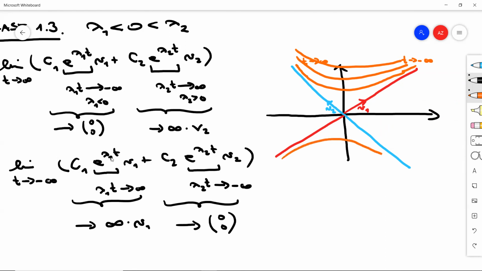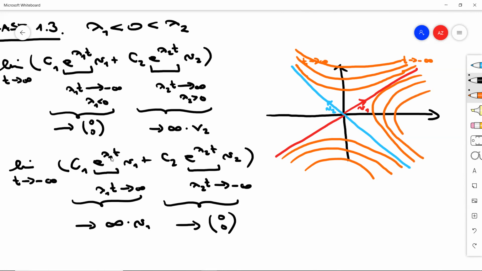And the same is true for the other quadrants. So the motion is in this direction, t from minus infinity, from the red line to the blue one. So from red to blue.